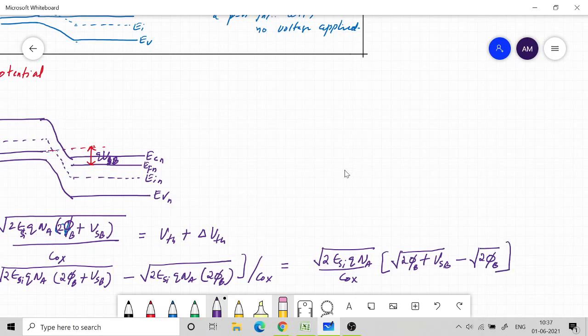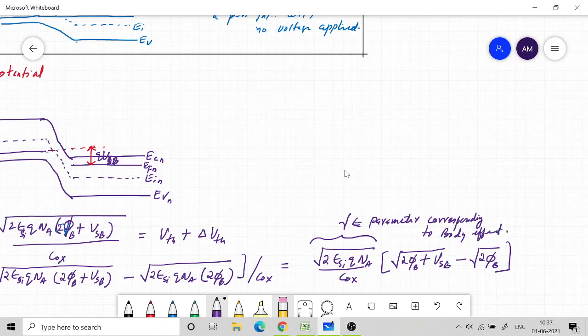Okay, so this is going to be the change in the threshold voltage. This parameter is also a SPICE directive and it is called gamma. Okay, so this corresponds to the body effect parameter, corresponding to body effect.